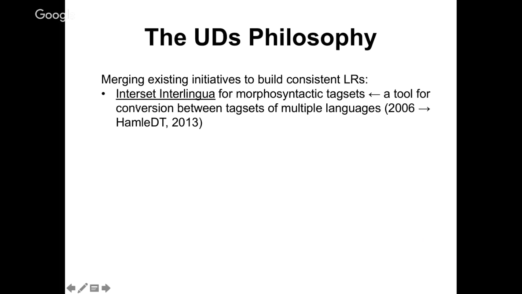One is the so-called Interset interlingua for morphosyntactic tagsets, which was a tool developed in Prague for converting between tagsets of multiple languages. Well, this is a problem because you can use different labels for the same thing in different languages or in different treebanks, and you need a tool to make a conversion between these tagsets.